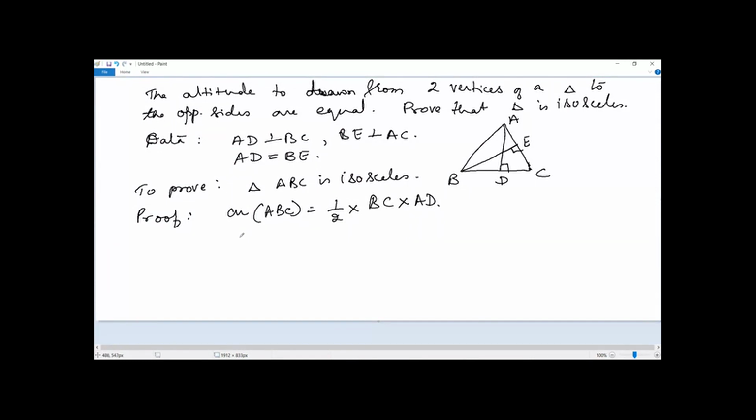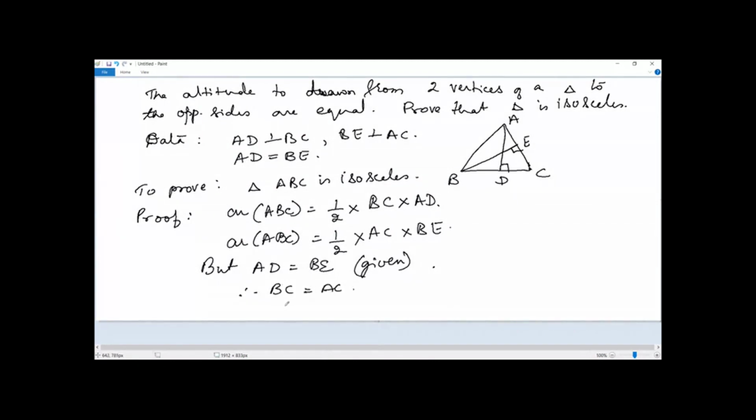Then area of triangle ABC equal to half of AC into BE. But AD equal to BE, given. Therefore, BC equal to AC. Therefore, ABC is isosceles. Correct.